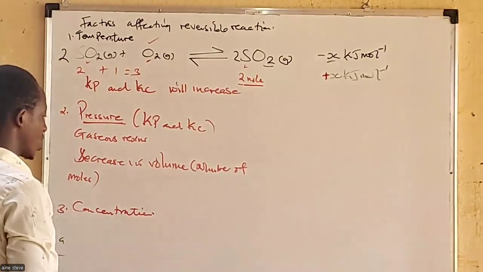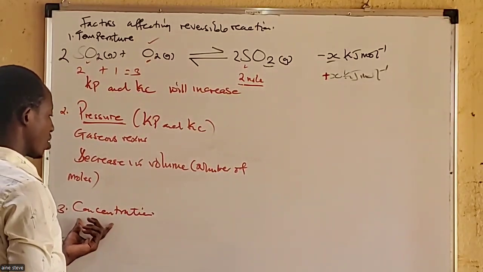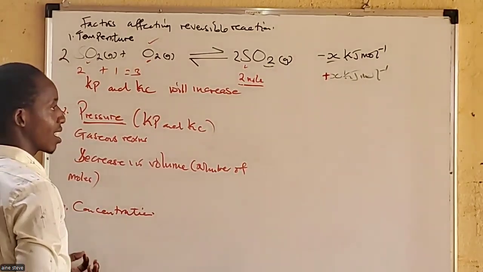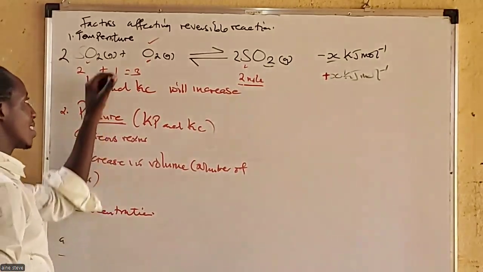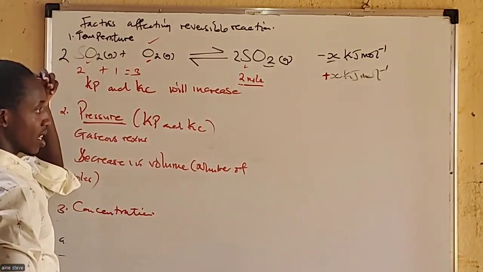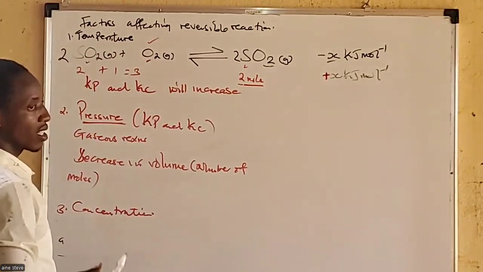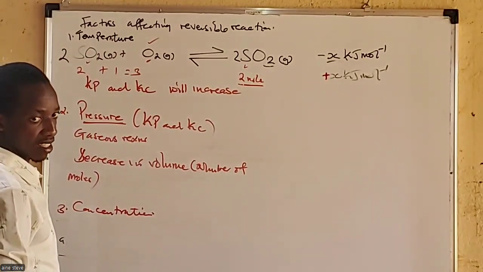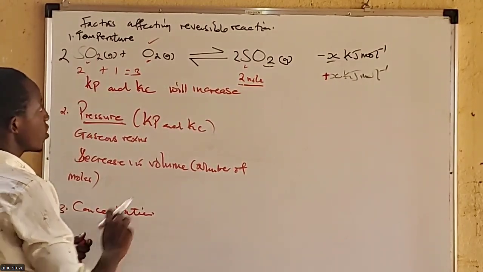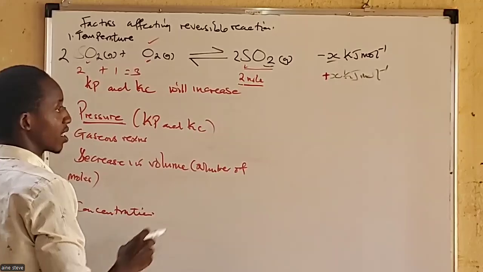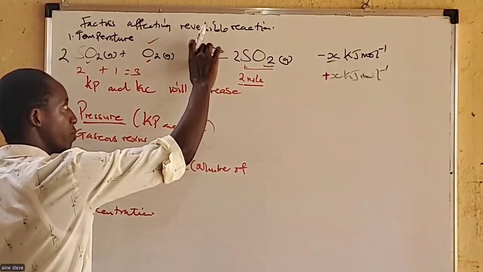In other words, when you increase one of the reactants or one of the species that is reacting, the reaction tends to shift to the side that removes what has been added. For instance, when you increase the concentration of sulfur trioxide, this is going to destabilize the equilibrium.